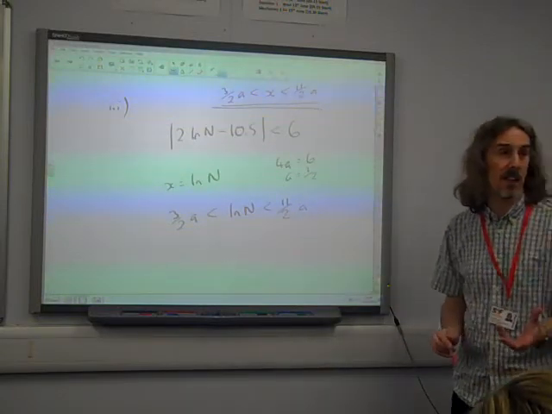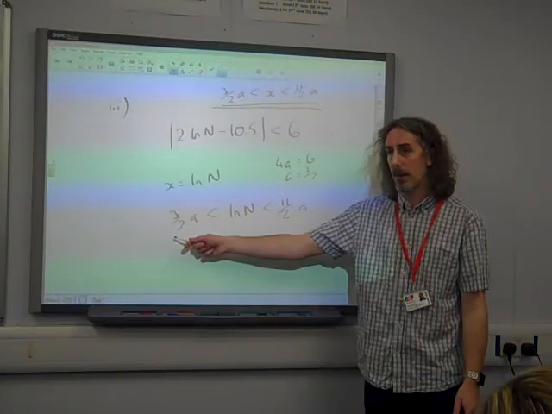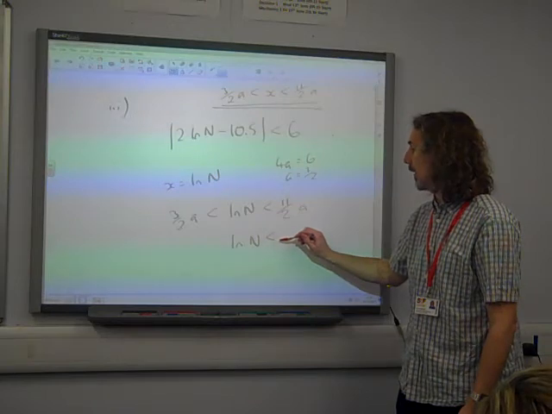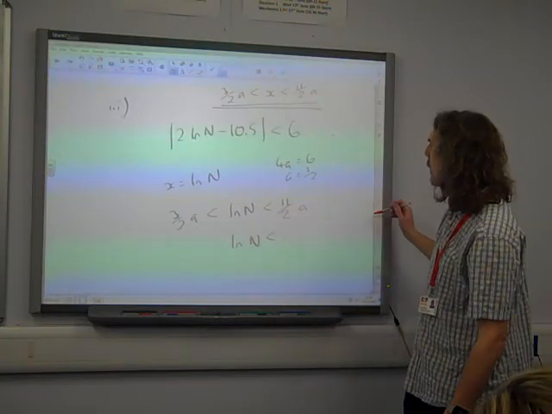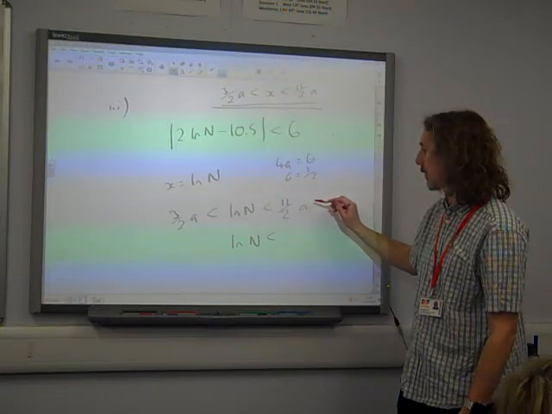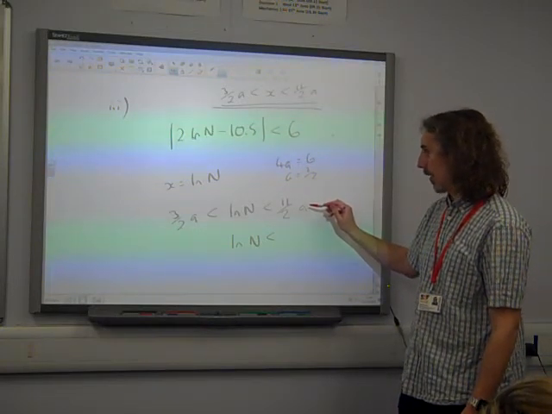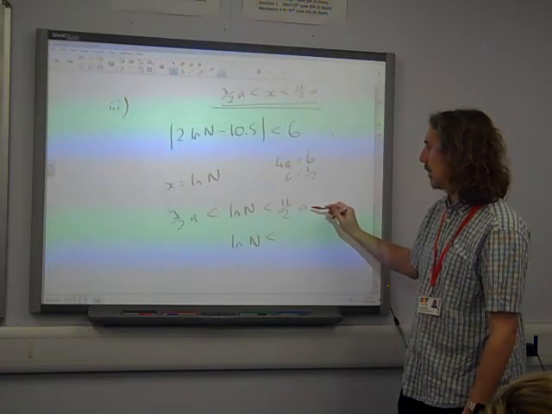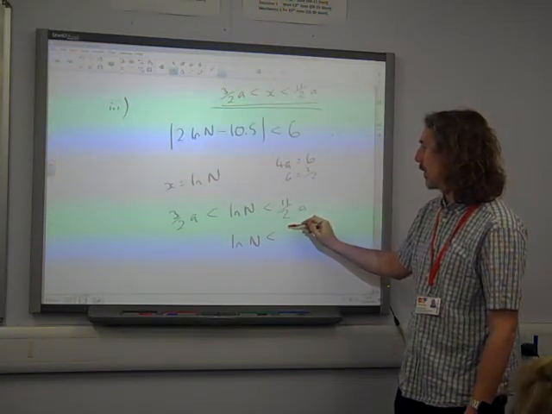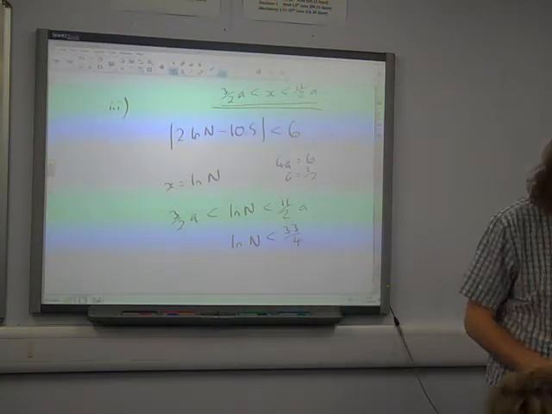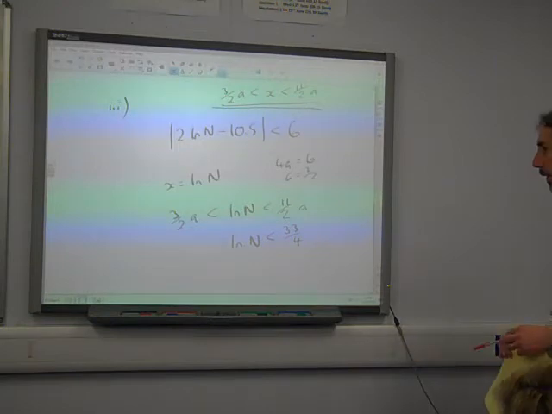We're looking for the largest integer n, so we don't need to worry about the lower limit. We're really considering that as an inequality. Why have we put 11 over? Oh yeah, so a is 3 over 2. So 3 over 2 times that gives us another thing. Do we get that? 33 over 4, yeah, 16 and a half.